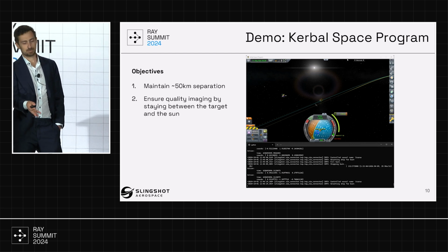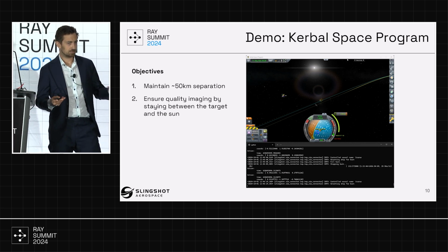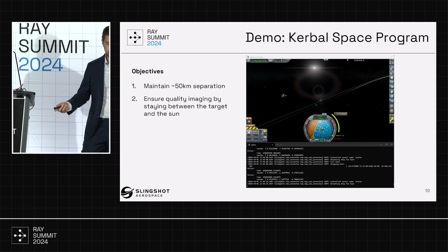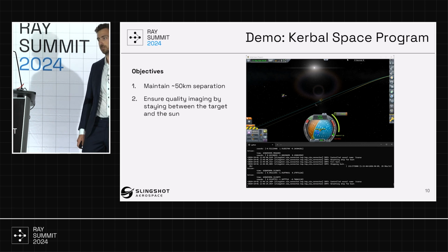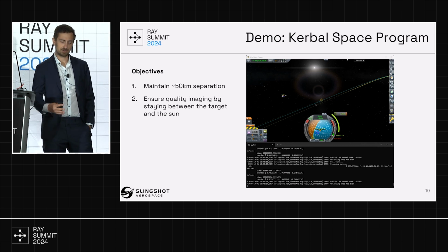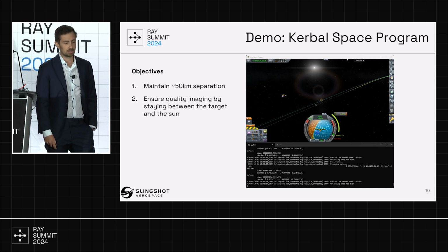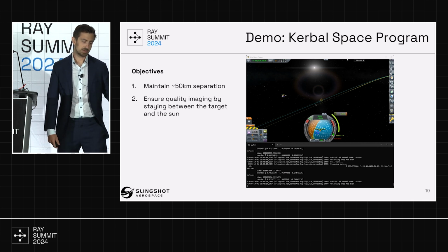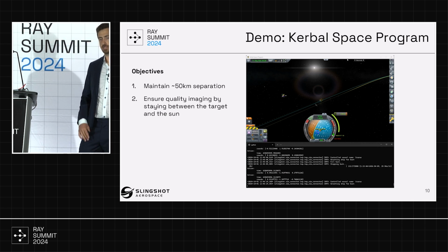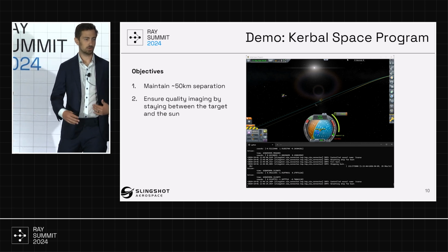So this is a particular scenario with an agent that we've trained to capture quality images. It has two main objectives, one of which is to maintain a 50-kilometer separation from its target, and then to ensure quality imaging by staying between the sun and its target, so you don't get so many shadows.